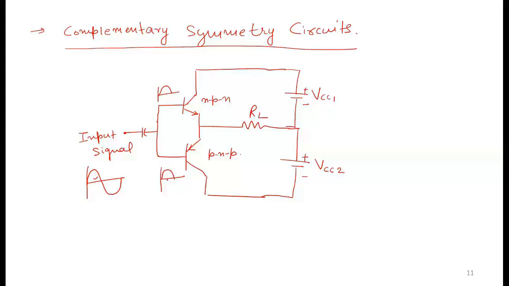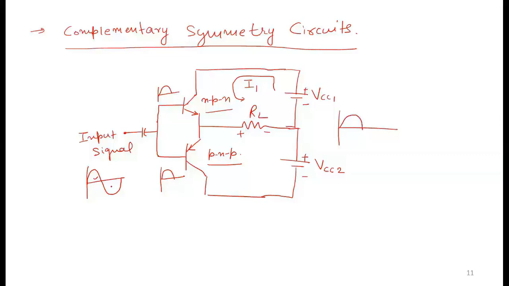During this, the NPN transistor will be on and the PNP transistor will be off. When the NPN transistor is on, the current I1 will flow through this direction. This is the current I1. Hence we will get the positive cycle in the output.